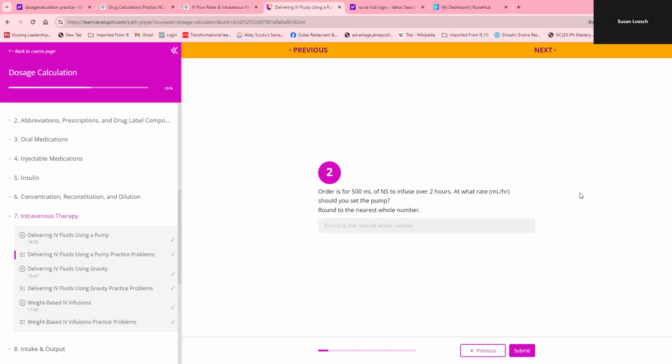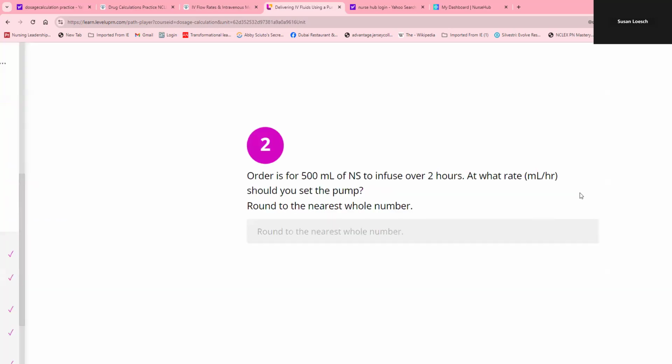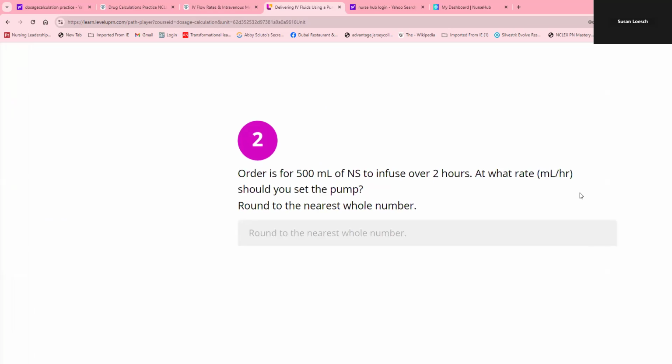Okay, let's start with this one first. Can you see question number 2? Yes, ma'am. All right. Whenever it's asking you for a rate for the pump, it's either going to put mLs per hour here, or you're going to see GTT per minute. One of those two things.